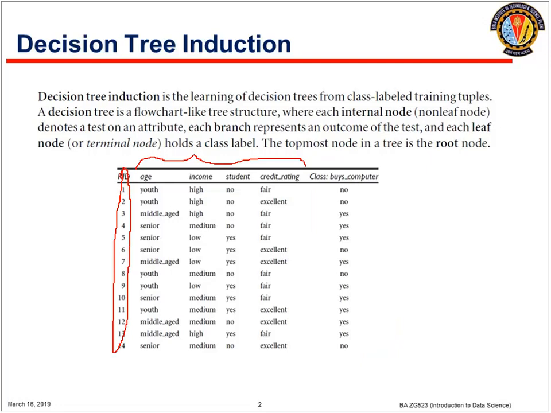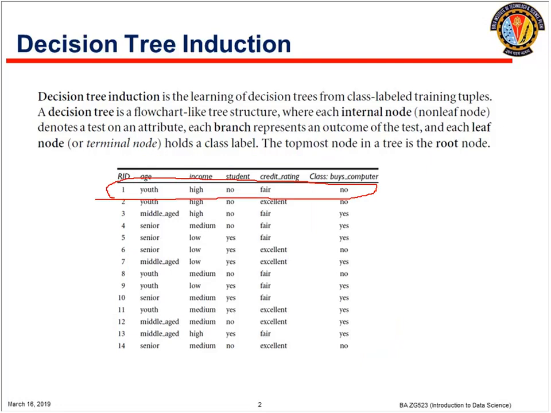If you look at the first example here, the person is youth, income is high, not a student, and credit rating is fair. In this particular example, this person didn't buy a computer.